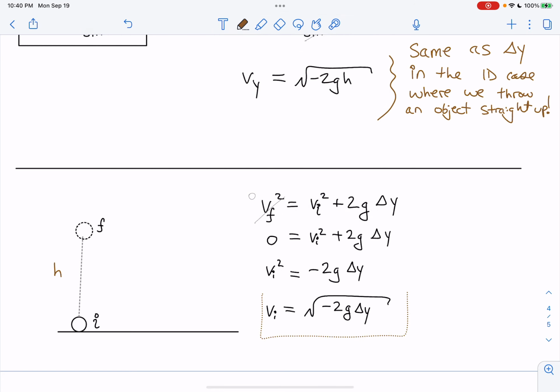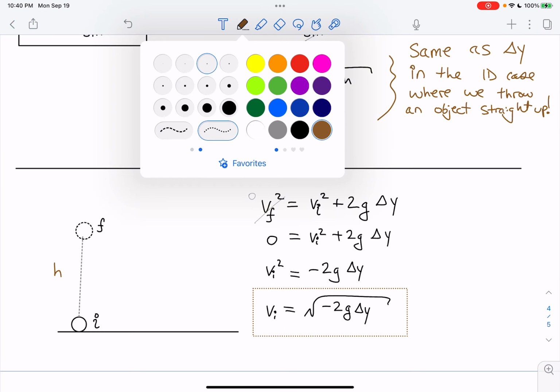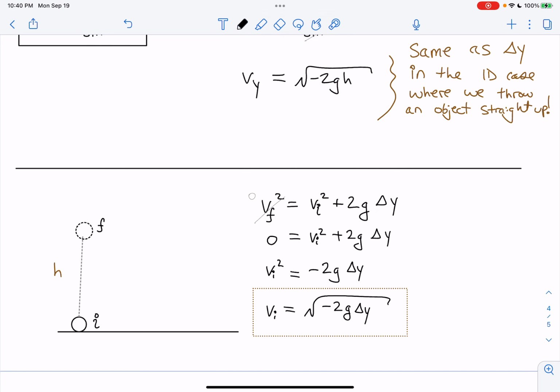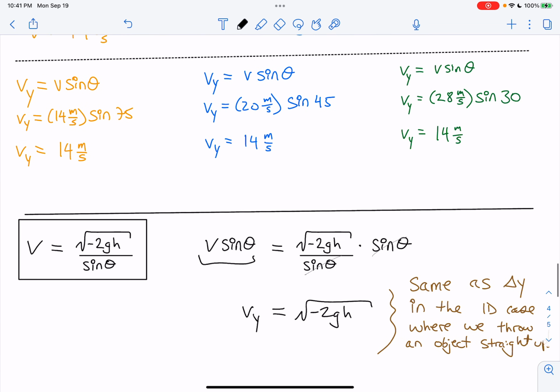And there we now have related the initial velocity of that object we just throw straight up in the air to g and to delta y, or if we want, to h, because we called it h. Maybe I'll do that here. And that is the same expression that we got for here.